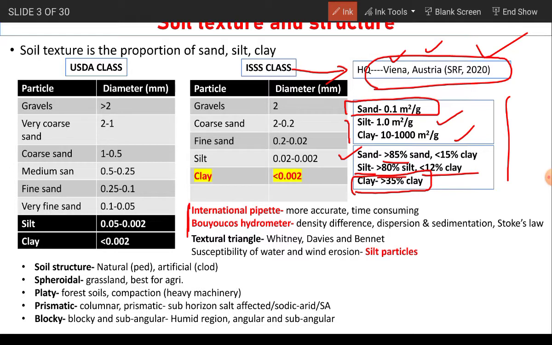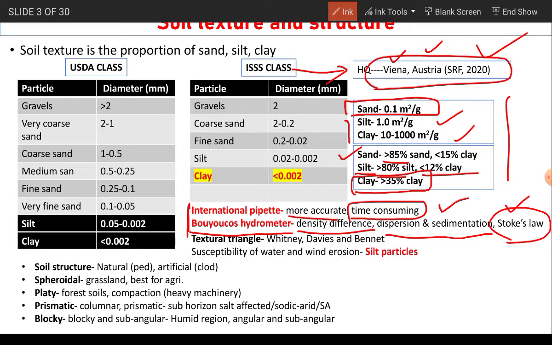The next thing is how to measure this soil texture. There are two methods: the international pipette method, which is more accurate but time consuming. You must remember, more accurate but time consuming. Generally we use Bouyoucos hydrometer method. It is based on the density difference or dispersion and sedimentation, which follows Stokes law. What do you mean by Stokes law?